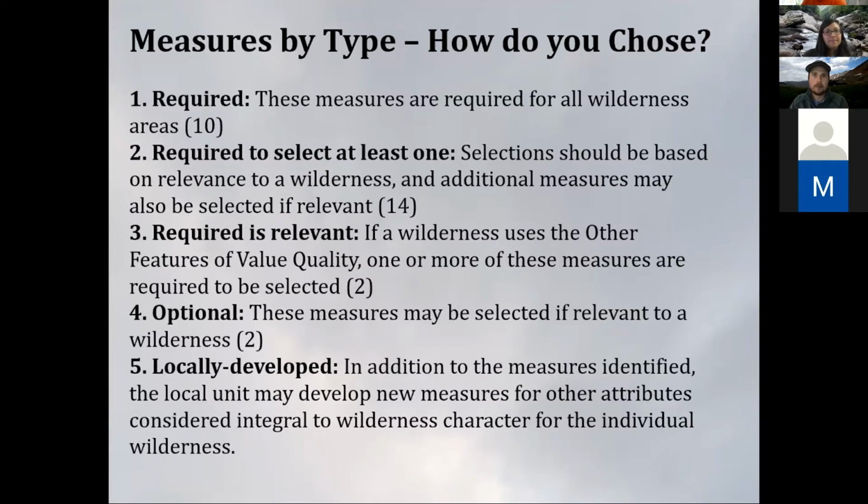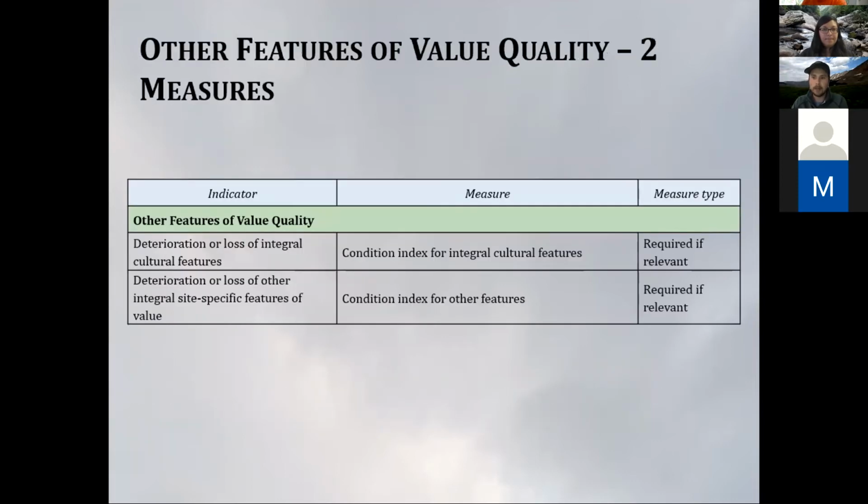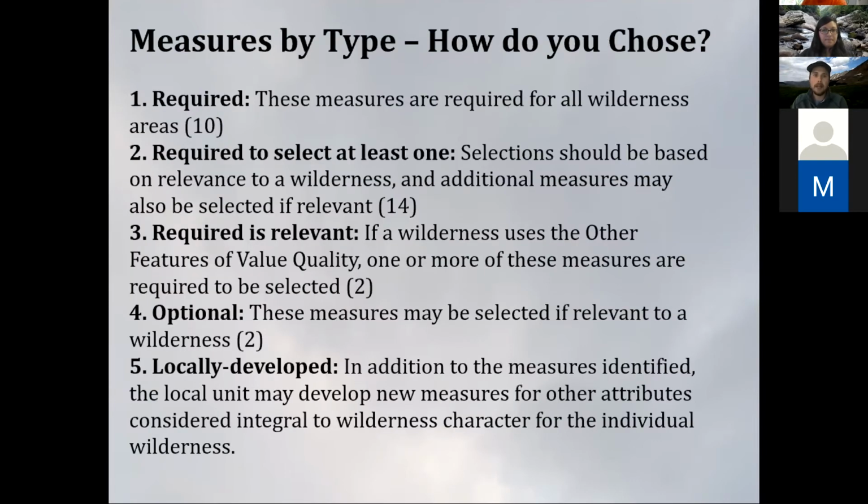So as you probably noticed, each of these measures that I just went through has a measure type that you saw on the right side of the screen. There are 5 different types of measures. The first is required. As it says, required measures must be tracked for each wilderness.